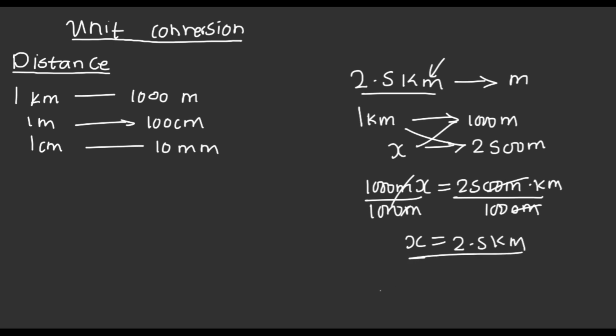So we can now simplify what we've looked at like this. 1 kilometer is equal to 1000 meters. From kilometer to meters, you multiply by 1000, and the reverse, you divide by 1000.